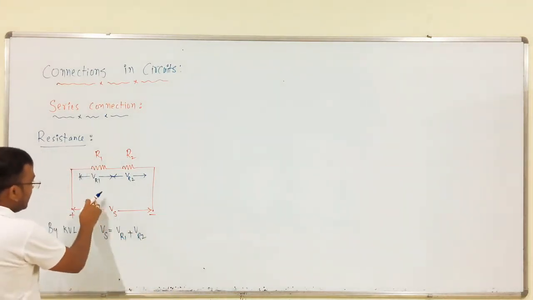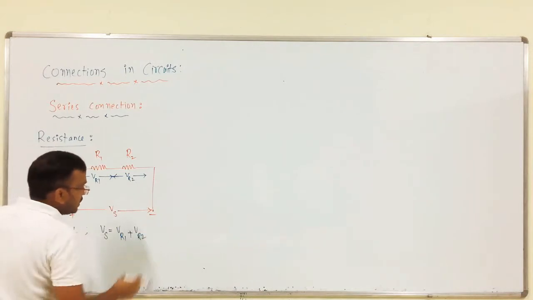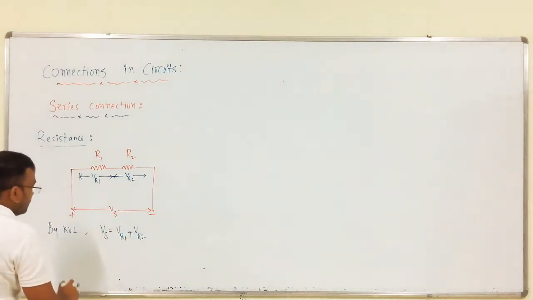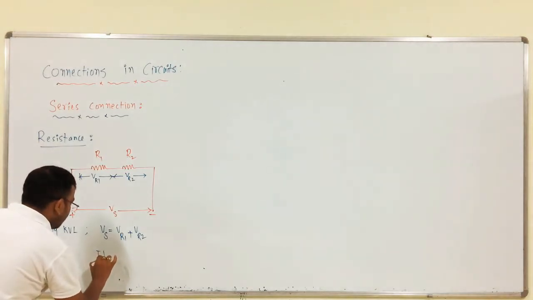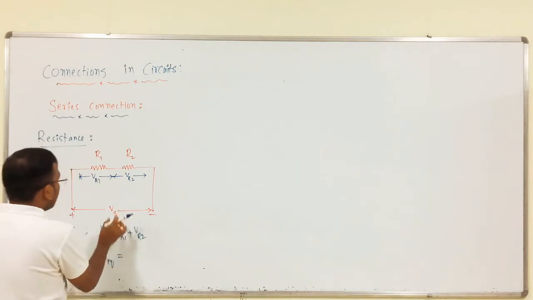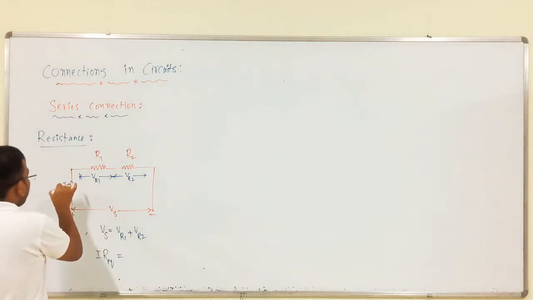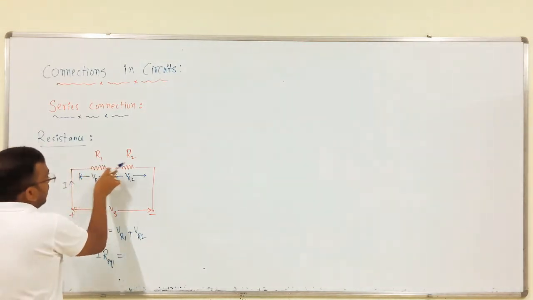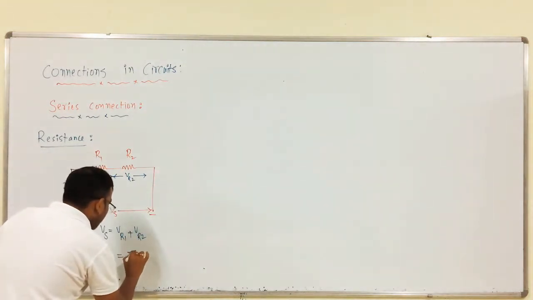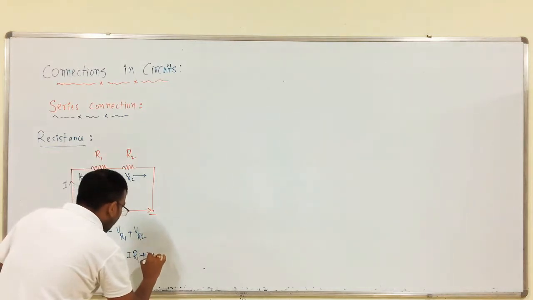That is, minus Vs plus VR1 plus VR2 equals 0, which gives Vs equals VR1 plus VR2. So, what is Vs? It is I into R equivalent. What is the value of current here? The same amount of current flows through R1, R2, and so on up to Rn. So, I into R1 plus I into R2.